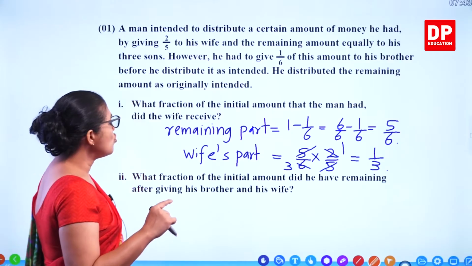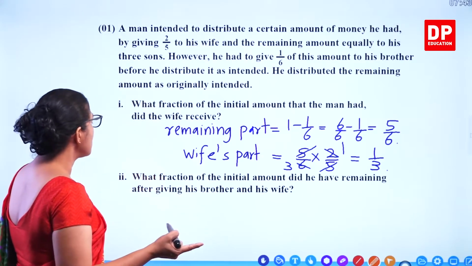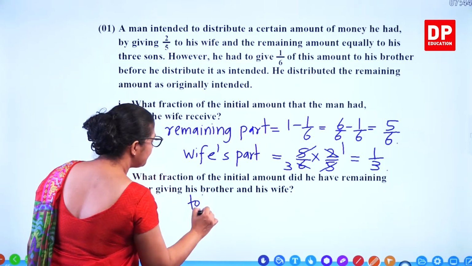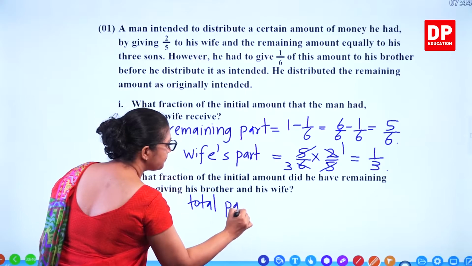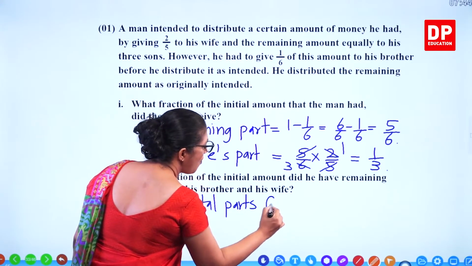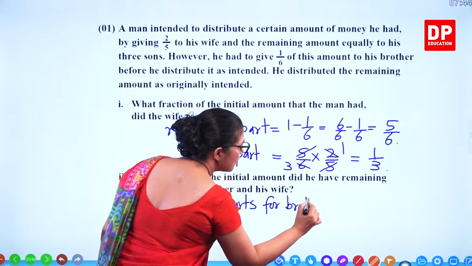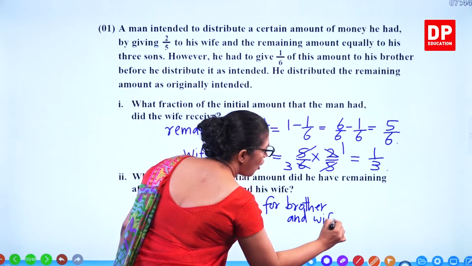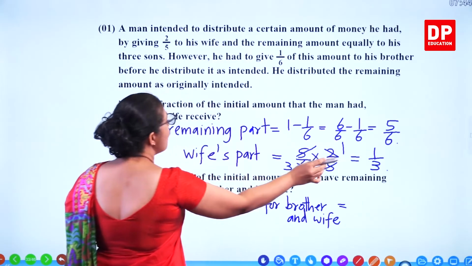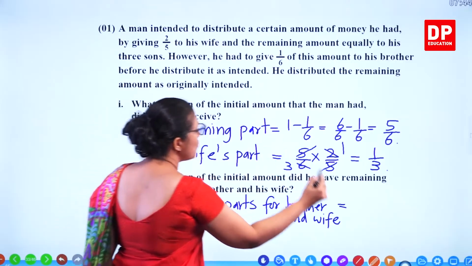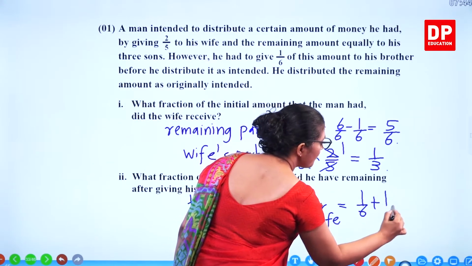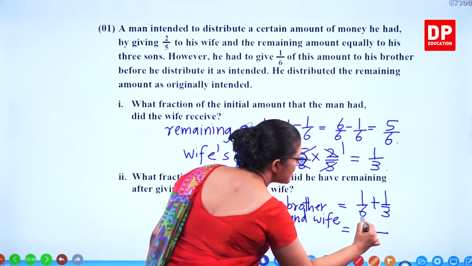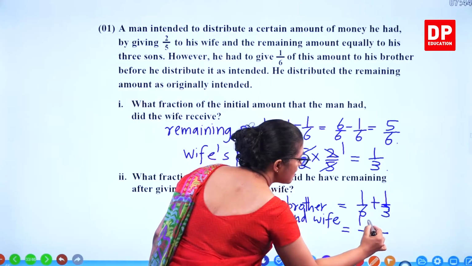What fraction of the initial amount did he have remaining after giving to his brother and his wife? So the total parts for brother and wife, how many parts? Wife got 1/3, brother got 1/6. When you convert to the same denominator, this is 2/6 and this is 1/6.